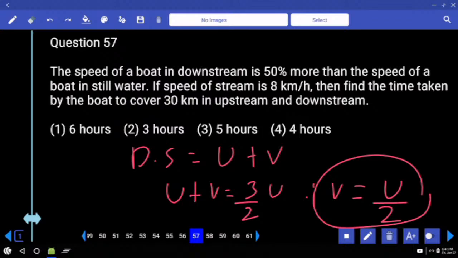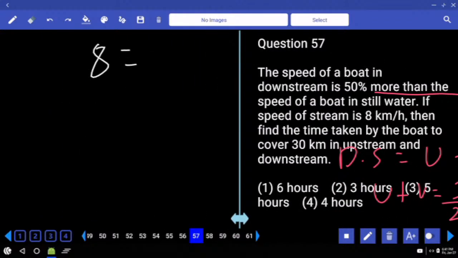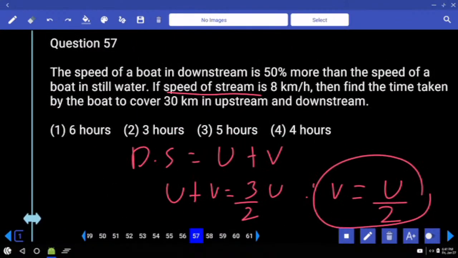He has given the speed of stream here. Yes or no? So v is what? 8. 8 equals u by 2. Therefore u is what? 16. Speed of boat in still water is 16. Now it is asking us to find the time taken by the boat to cover 30 kilometers in upstream and downstream.